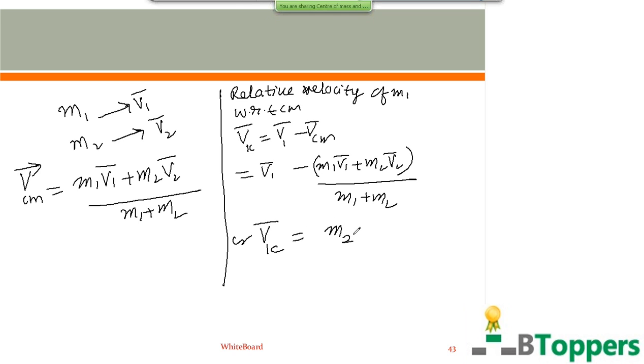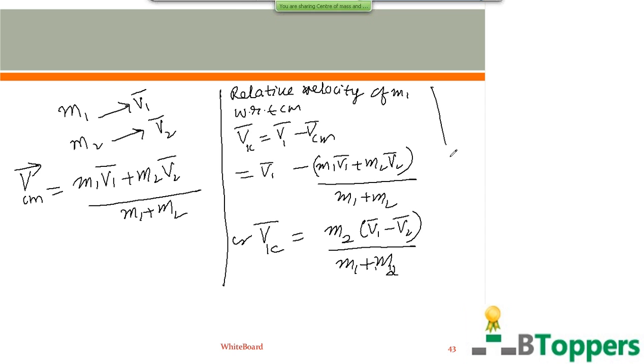You get the relative velocity of m1 with respect to the center of mass equal to m2 into v1 bar minus v2 bar by m1 plus m2.